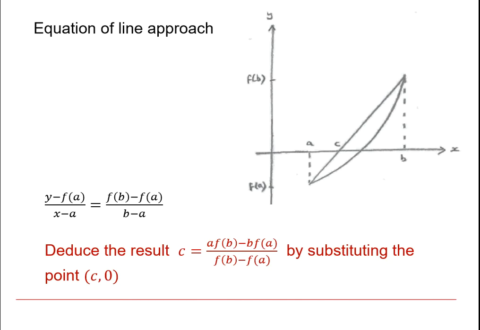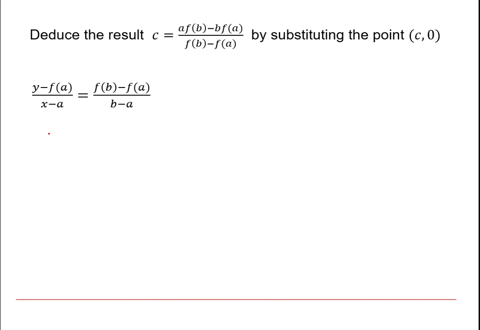So you might like to pause the video and try this for yourself, plugging in the point C, 0, which we know lies on the line. So we can say that when x equals C, y equals 0.